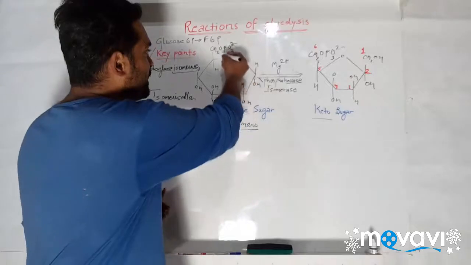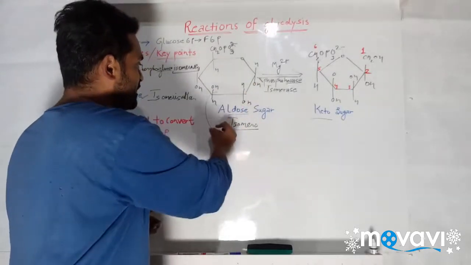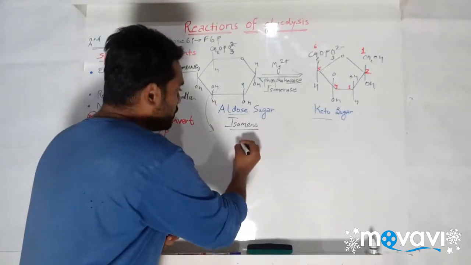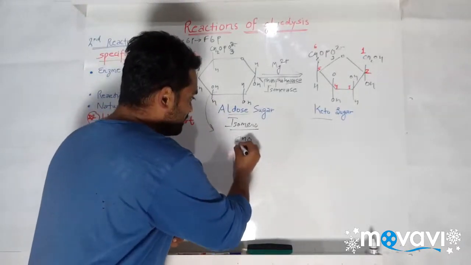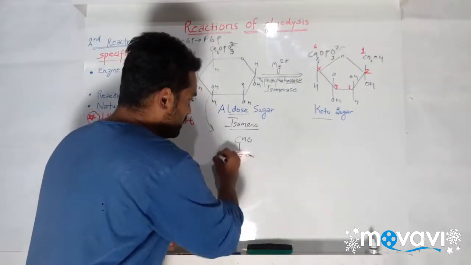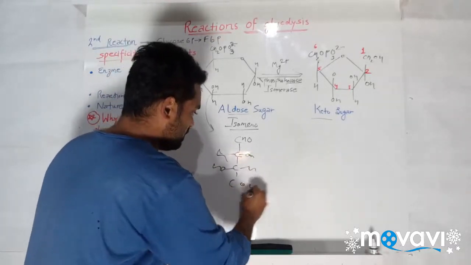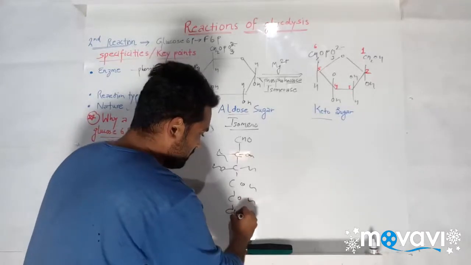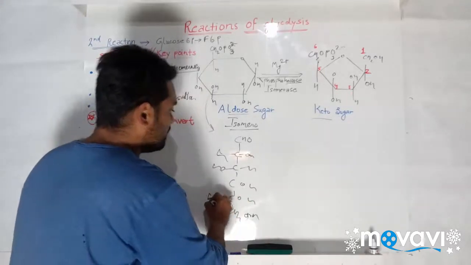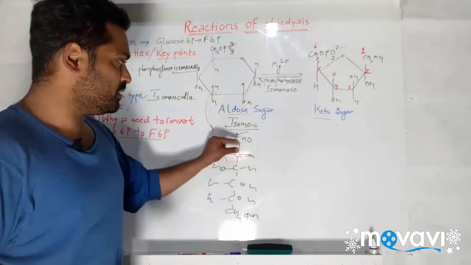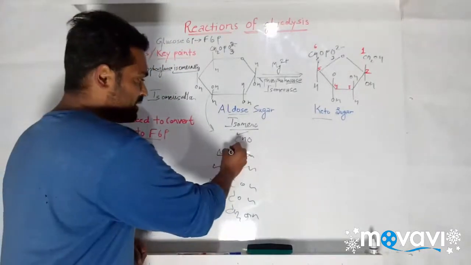If we break this into the open chain structure, we are going to see that this is the carbonyl carbon present on the first carbon, and this is the second.